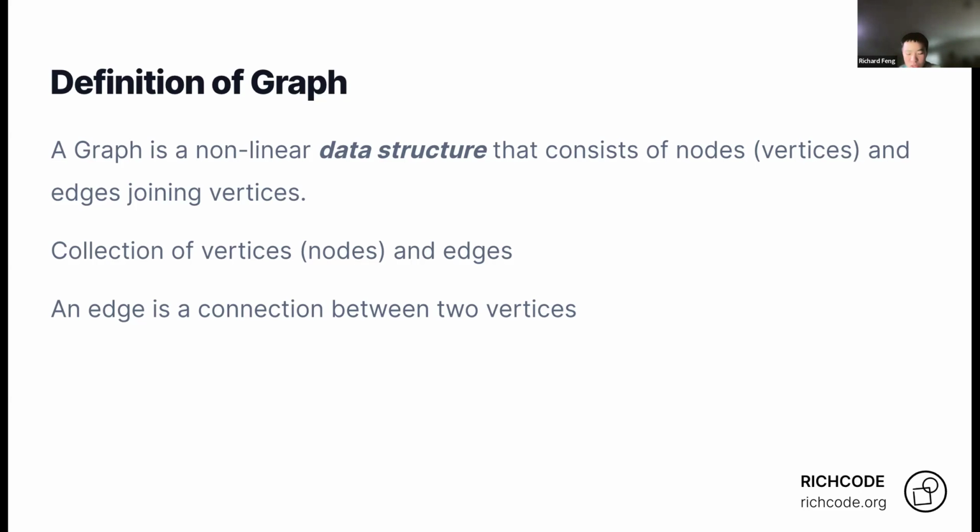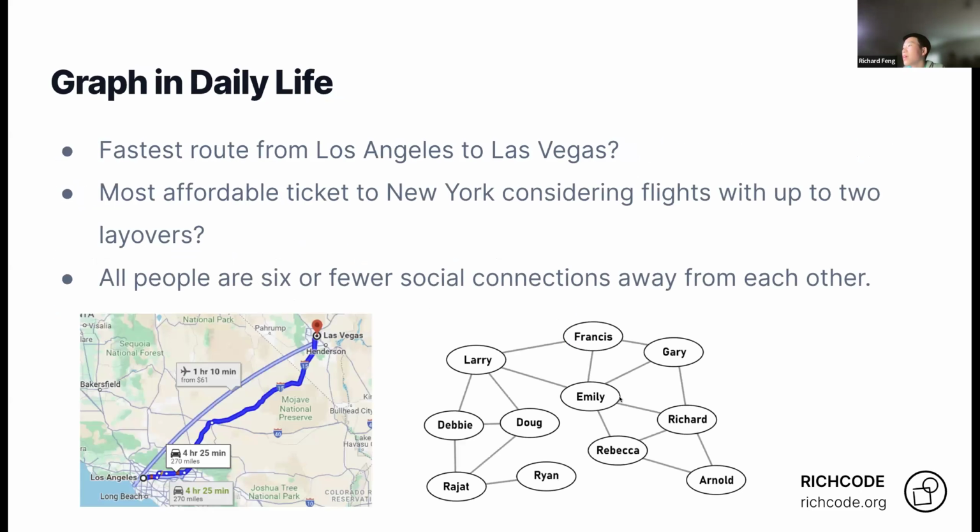And this makes them more suitable for modeling various real-world scenarios where relationships are not necessarily sequential. So for example, in the previous slide, this friend circle right here is not necessarily a sequential relationship because people can be interrelated in many different ways.